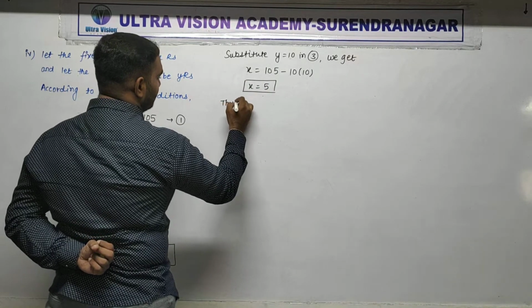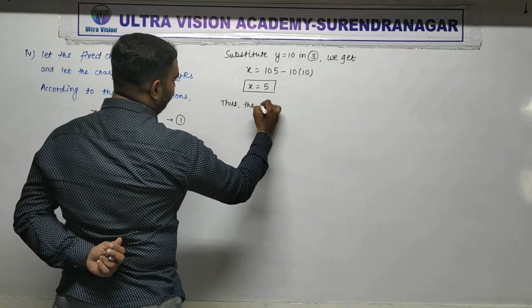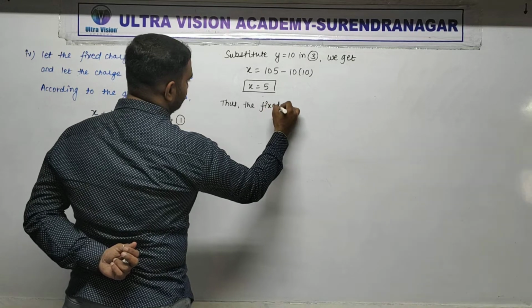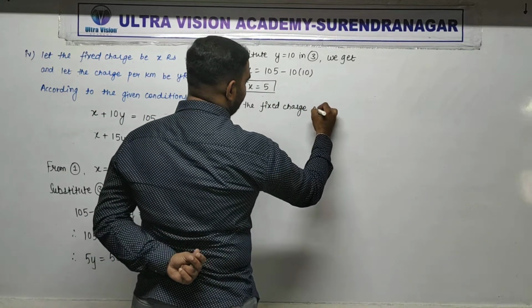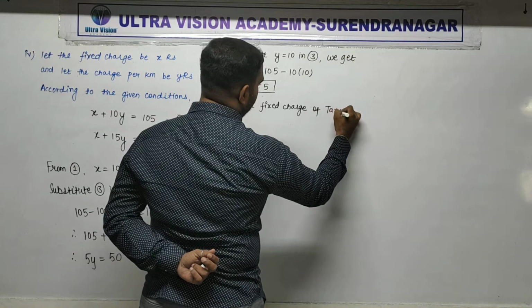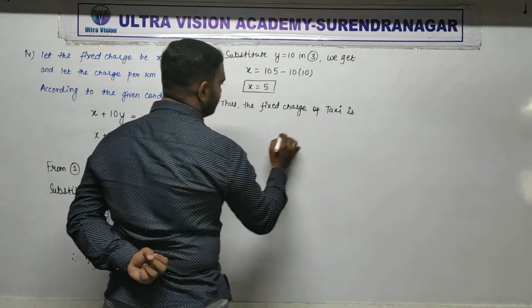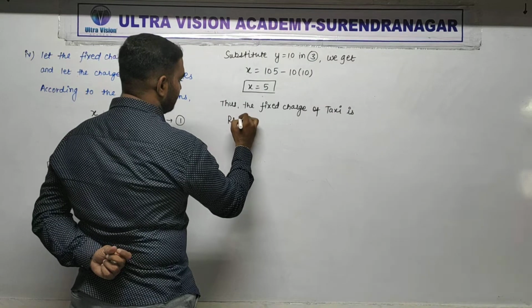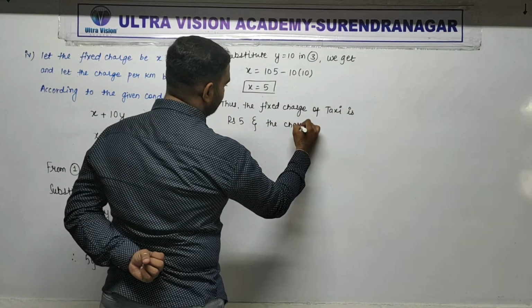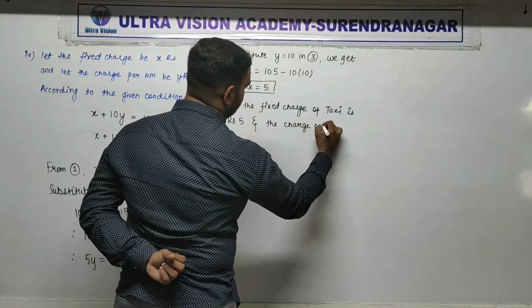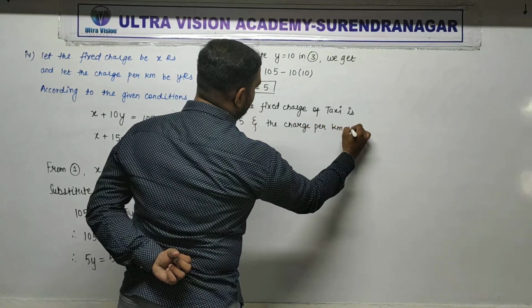Thus, the fixed charge of the taxi is 5 and the charge per kilometer is 10.